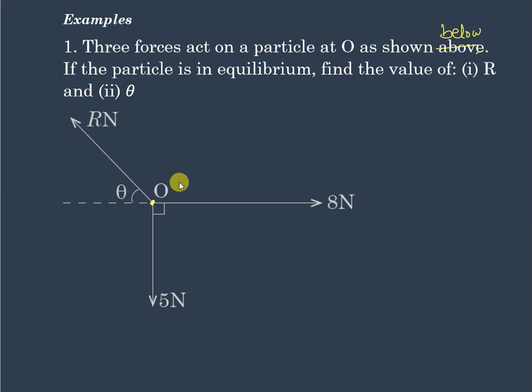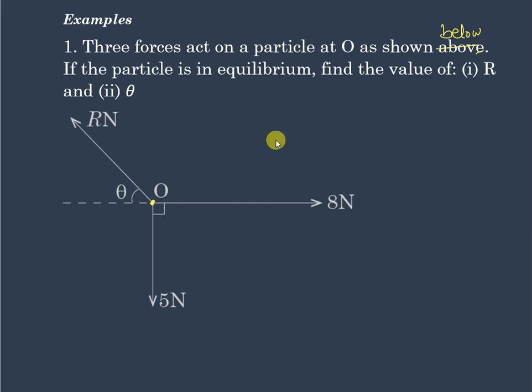So you can resolve these forces vertically and horizontally, and we can look at those 4 directions: positive y, negative y, positive x, and negative x, and the algebraic sum of the forces in those directions should still counterbalance.